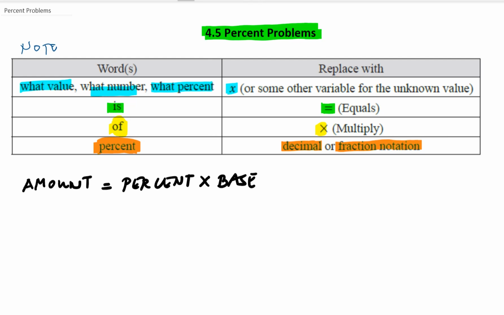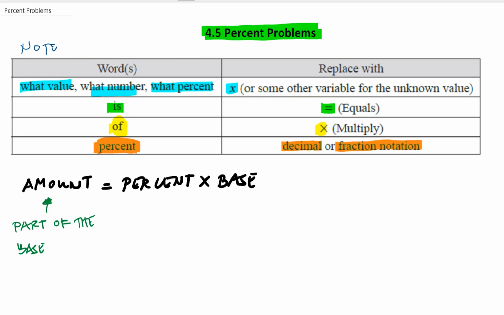So the amount, if you're solving for that amount, you're talking about the part of the base. So whatever that base pertains to.